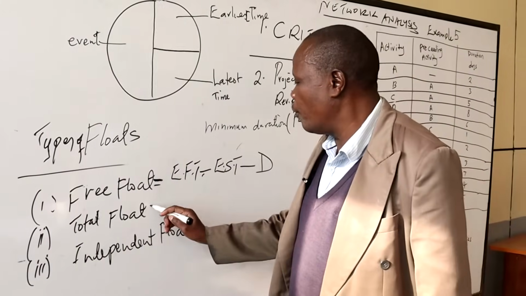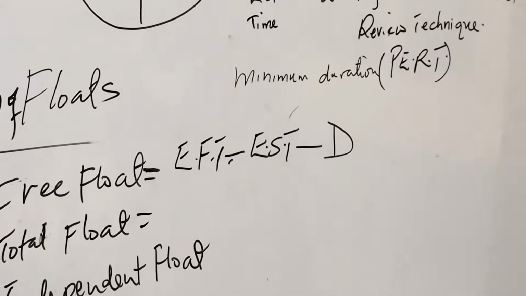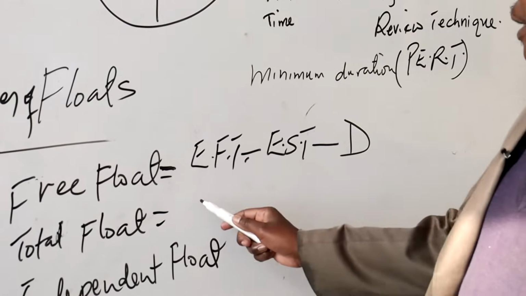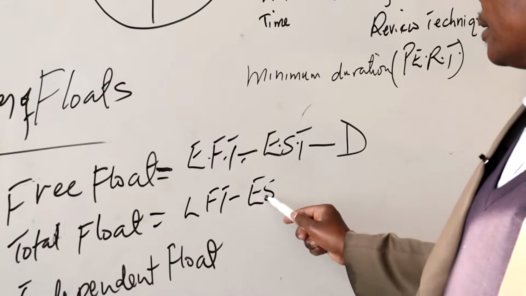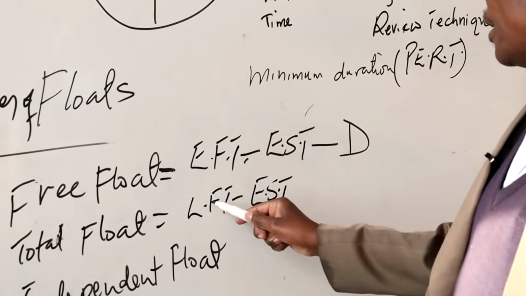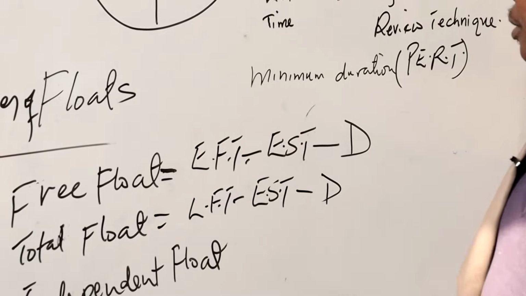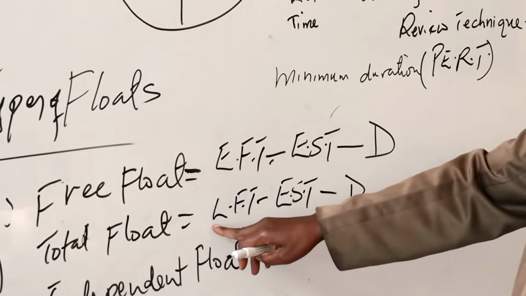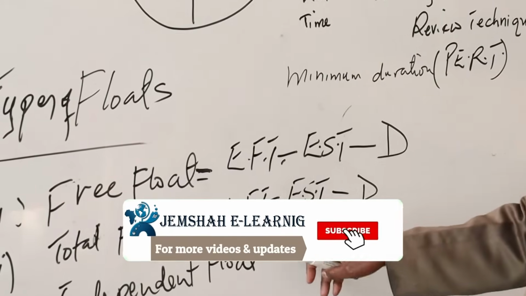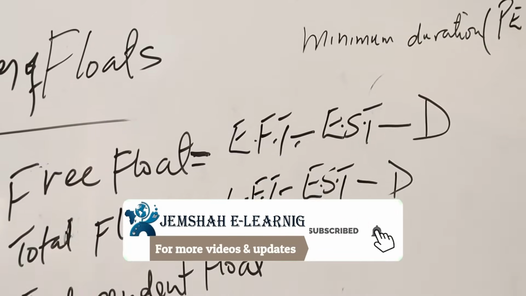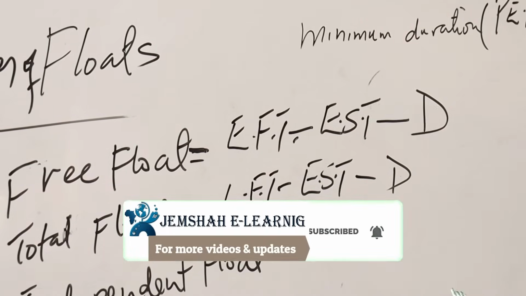Then total float is latest finishing time for an activity minus earliest starting time for that activity minus the activity duration.